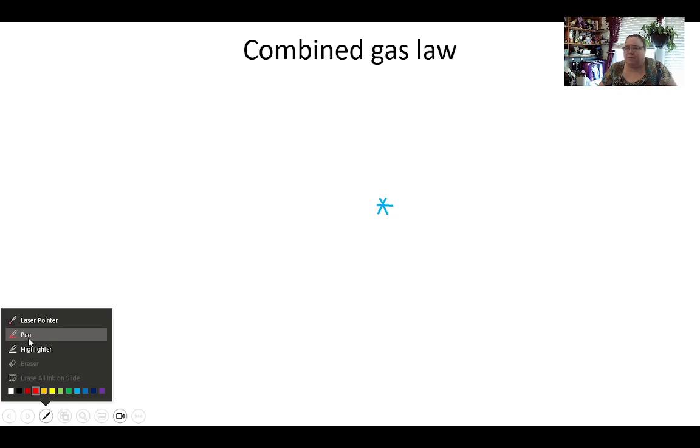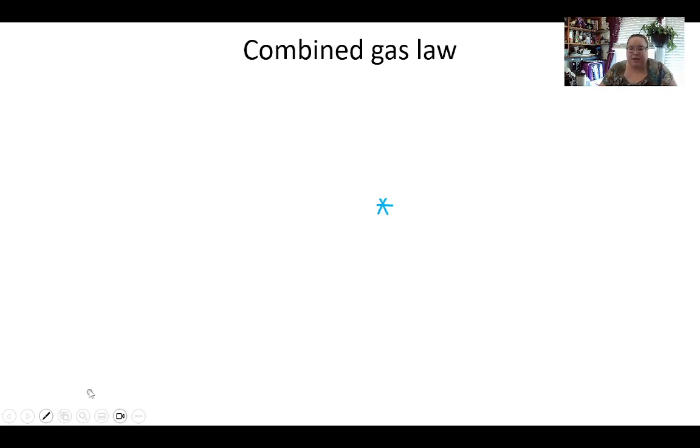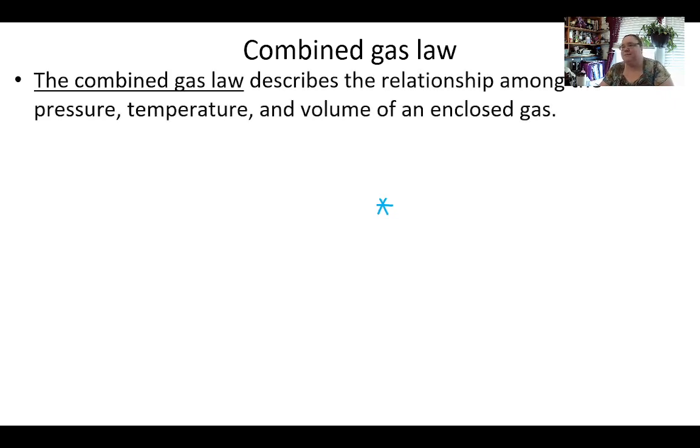So, I am going to start our gas law discussions with the combined gas law. It combines together 3 out of 4 major gas laws that we will see this semester. It's also the major kind of calculation that we see in gas law type problems. So, the combined gas law assumes that you have an enclosed gas.